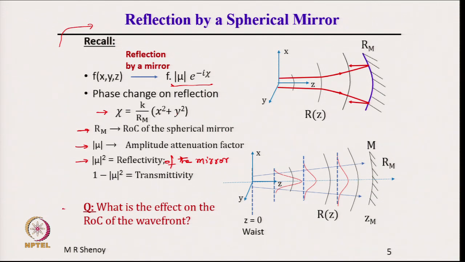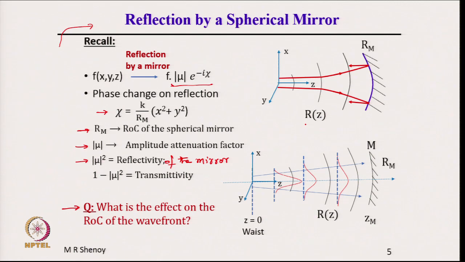So, the question is what is the effect of, so far we have considered the phi, and we wanted that the round trip phase must be an integral multiple of 2 pi, and mod mu is the amplitude attenuation factor. Now, the question that we are asking is what is the effect on the radius of curvature of the wavefront. So, here is a Gaussian which is propagating. As you can see, the wavefront also evolves as it propagates, the curvature of the wavefront changes with the propagation.